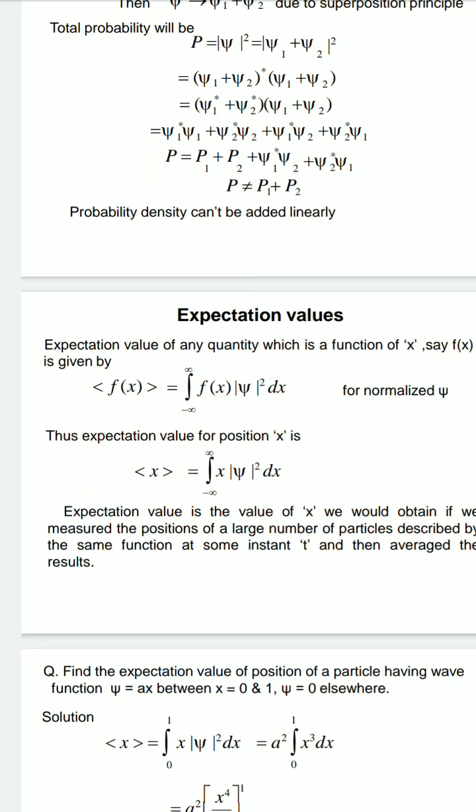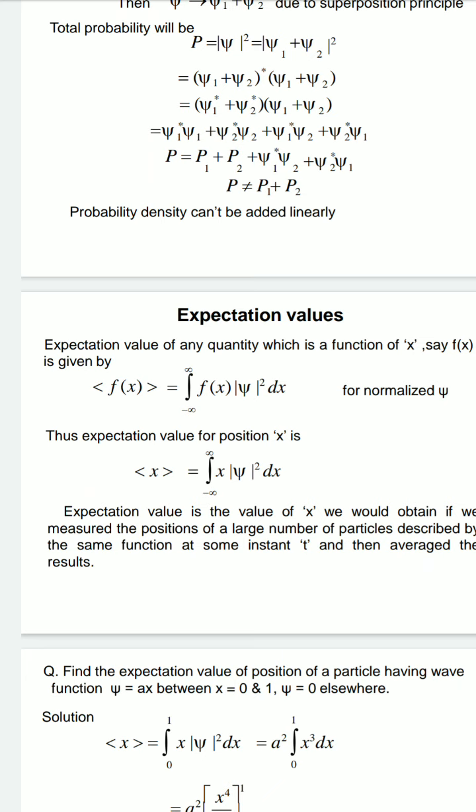For example, if you have a system, you want to find its momentum's expectation value. So P expectation, momentum's expectation value you want to find.